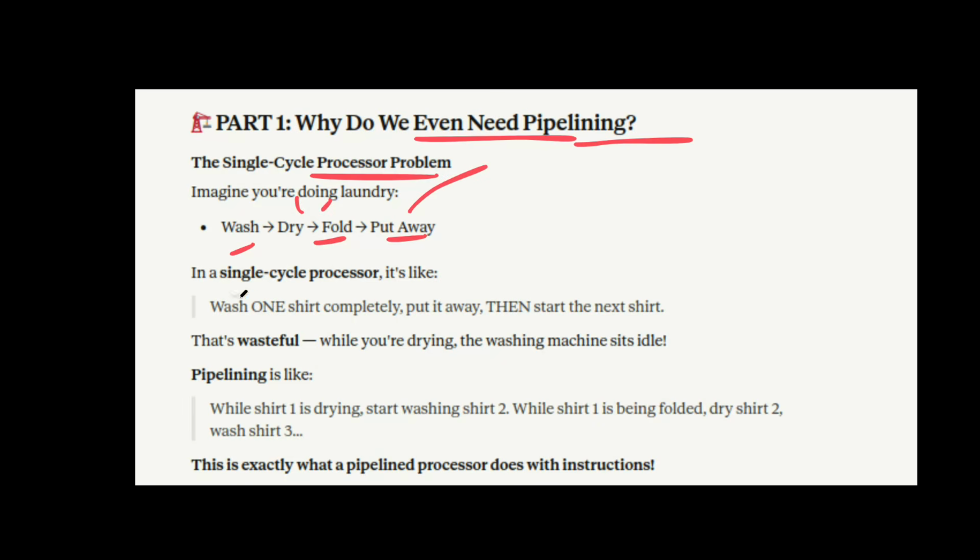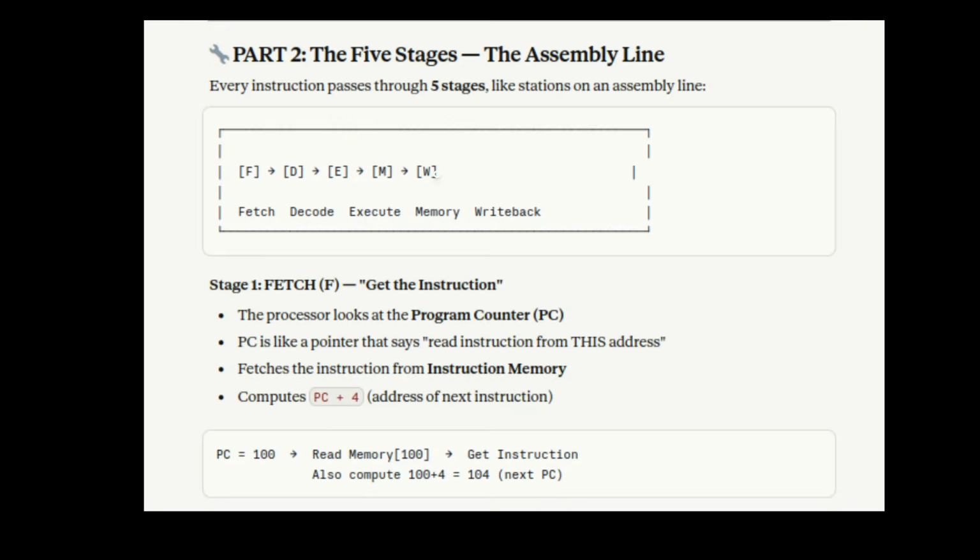Only then do we start the next shirt, right? But in pipelining, while shirt 1 is drying, we start washing shirt 2. While shirt 1 is being folded, we dry shirt 2, like that. Understood? While one process is in one stage, the other process would be in the stage before it. This is exactly the use of pipelining.